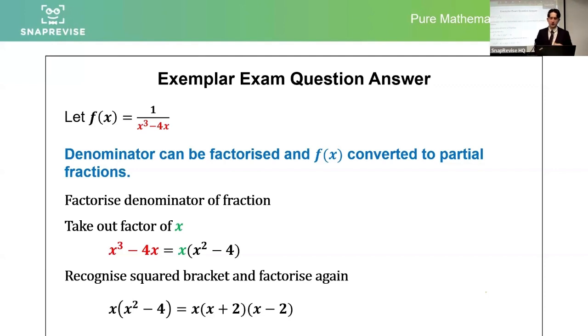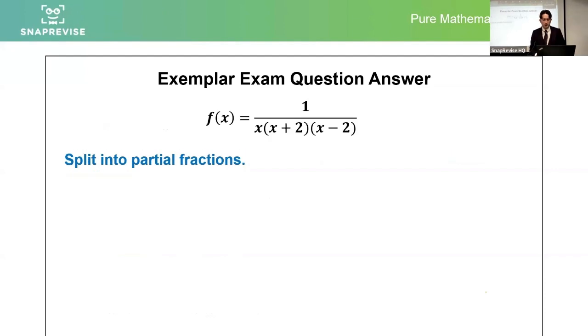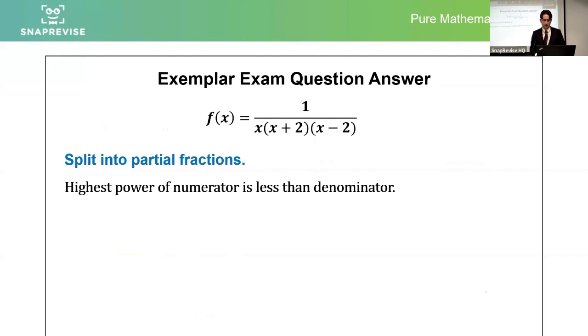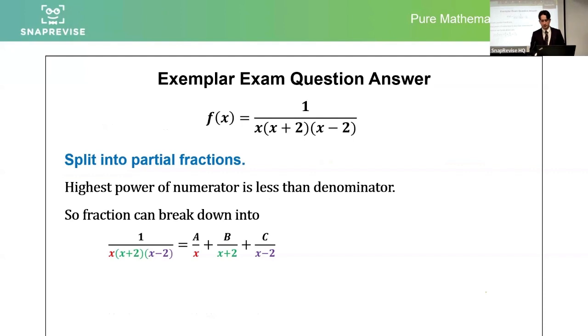So let's sort this partial fractions bit out, push through that, and we'll get on to some substitution. Here we go. This is what we have, and this is fine. We don't need to do any long division. We just need to use partial fractions. So let's suggest A over X plus B over X plus 2 plus C over X minus 2.